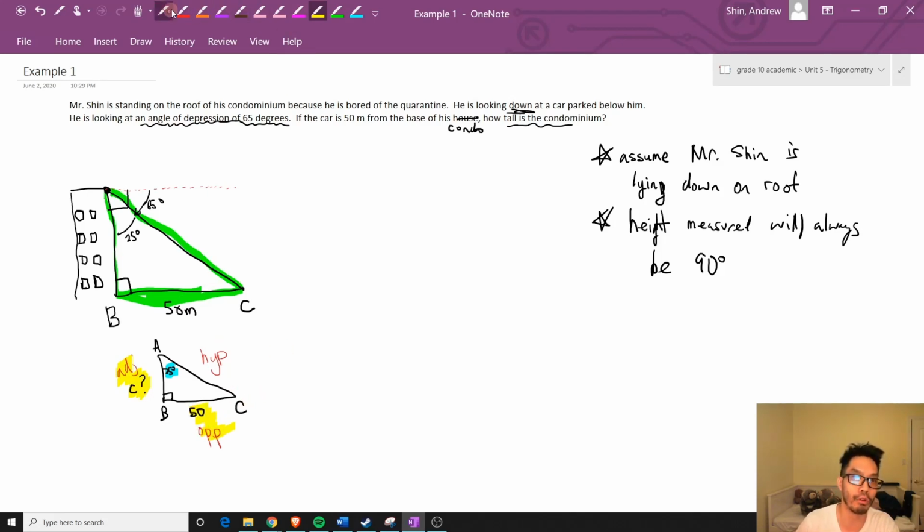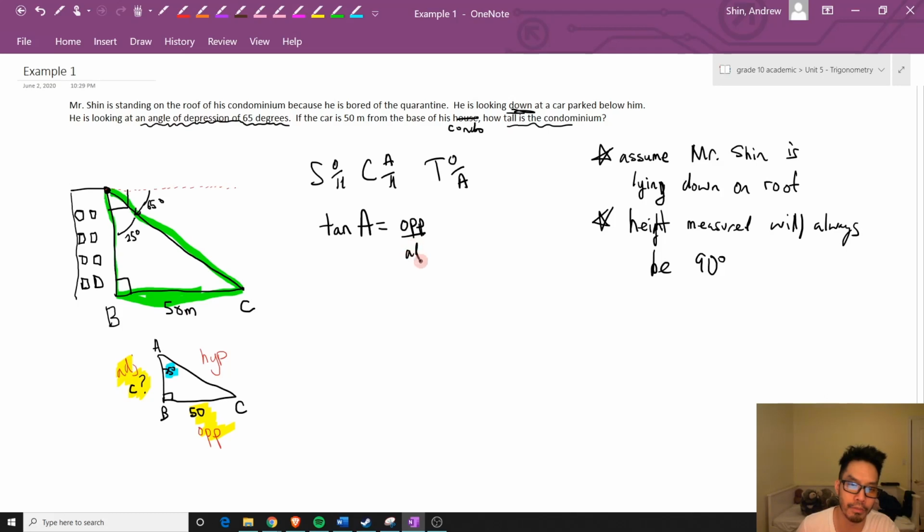So now we write out SOHCAHTOA, and then we figure out which of these trig ratios has adjacent and opposite. And the only one that has both of those is tangent. So I'm going to write out tangent of focus angle A, so tan of big A is opposite over adjacent.